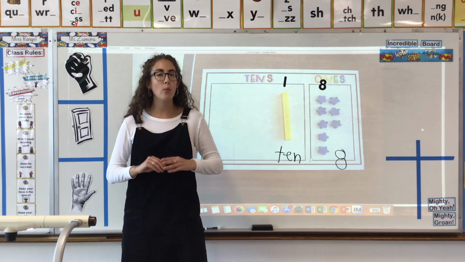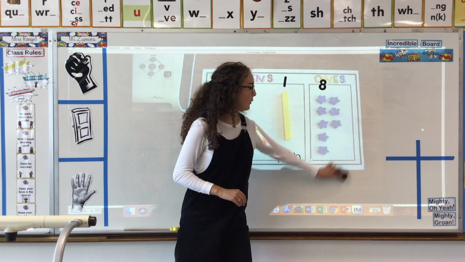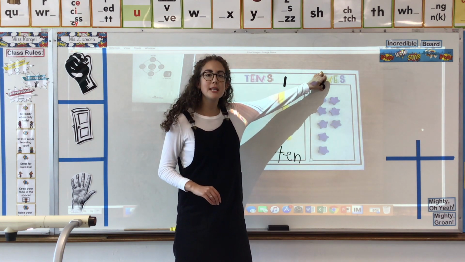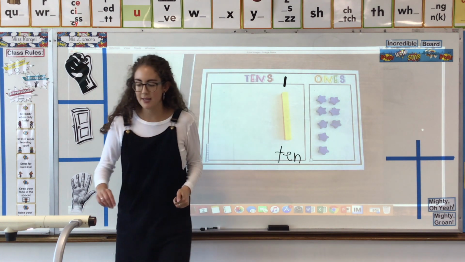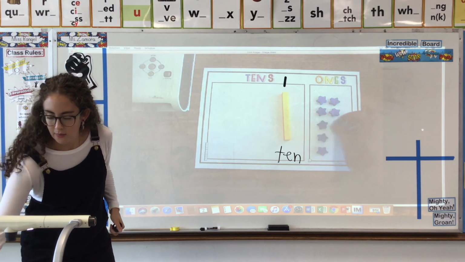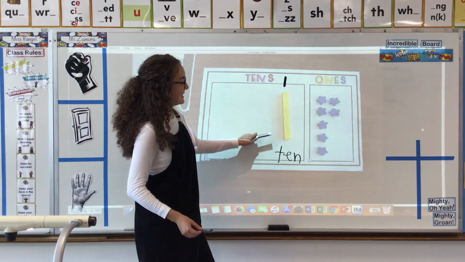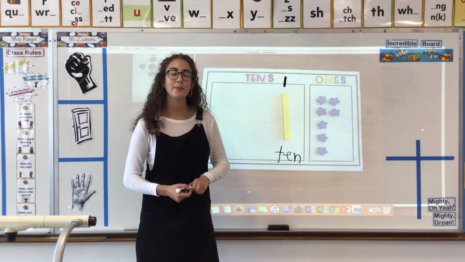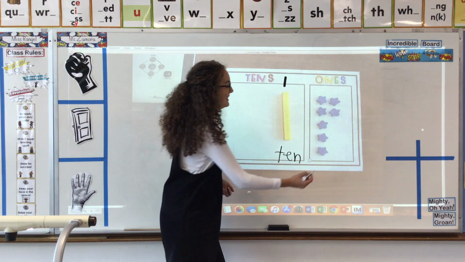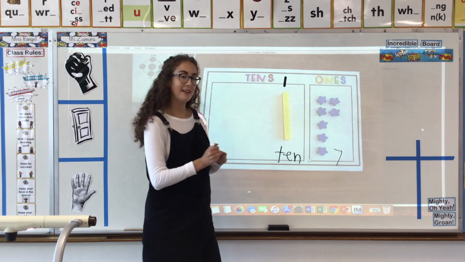Okay, we're going to take away one more counter, and I want you to tell me what number you see the Say 10 way. Okay, which number is this? This is 10 what? 10, 7.